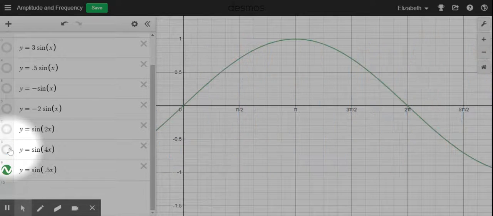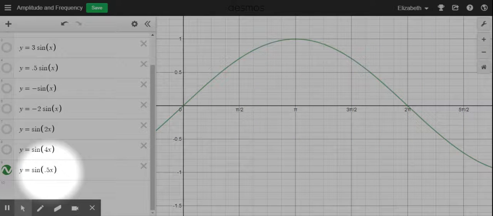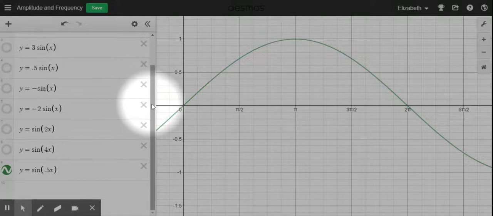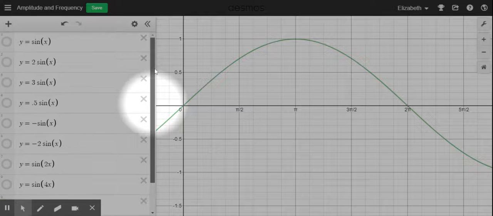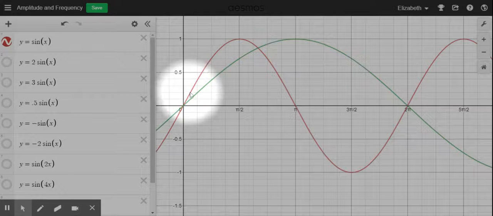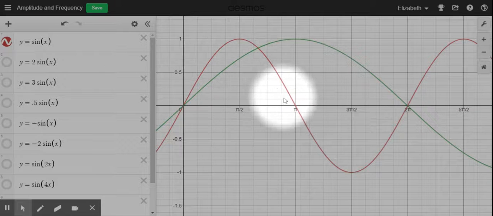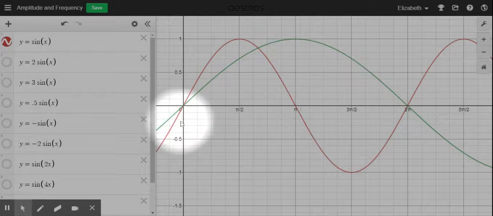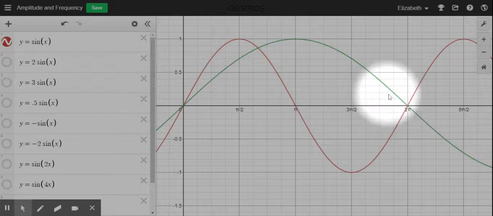Let's look at 0.5. 0.5 means you will get half of a sine curve between 0 and 2 pi. Half. So the half is the up and the back down and touching. Here's regular sine. Half of a regular sine curve is up and down to crossing. So if you look, by the time you get to 2 pi, you've gone up and touched 2 pi, and that's it.